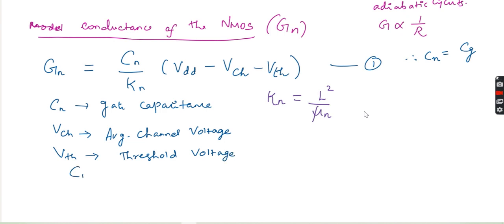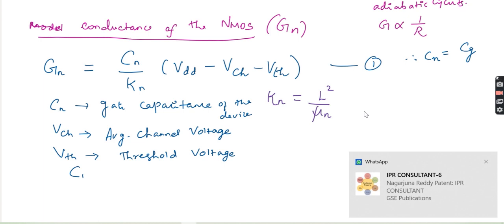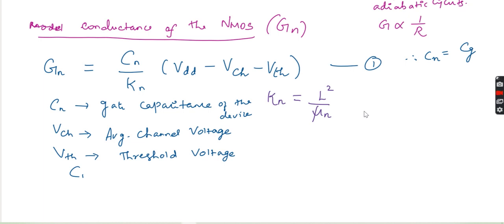Then we need to know Cn. Cn is the gate capacitance of the device, as we already said. Then we need to know the mu n parameter, because of the Kn parameter.